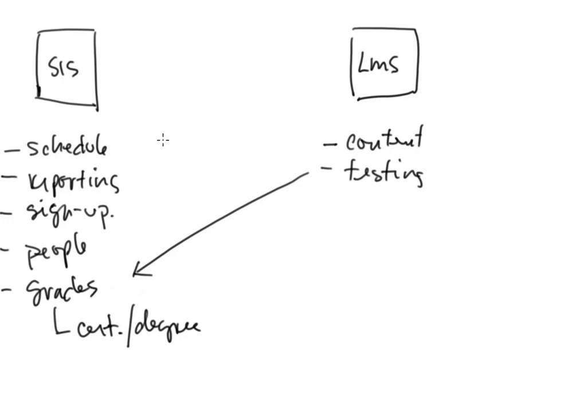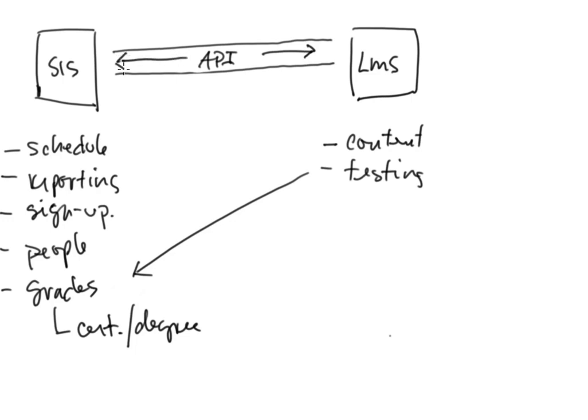So it's very important to understand that in between these two environments exists, we'll just draw it here as a pipe, and we'll call it an API. And within this environment here, this API basically allows for the connectivity of two-way traffic between the LMS and the SIS.